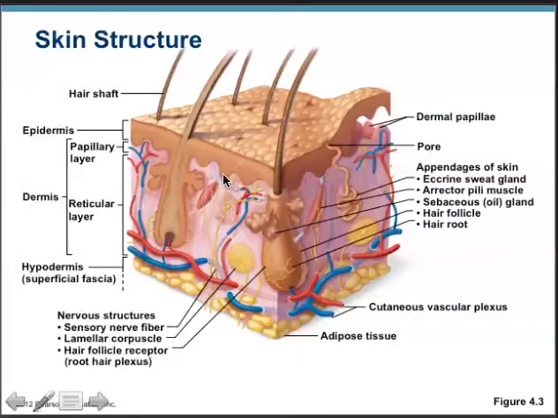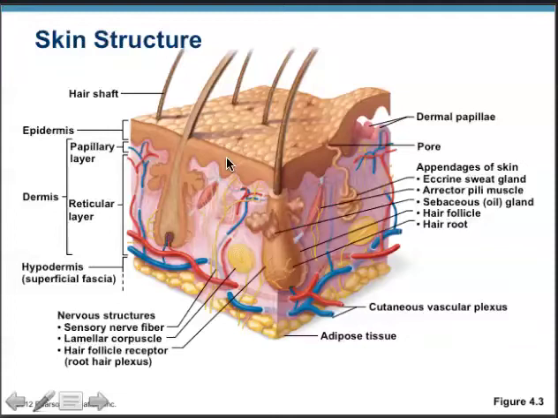And the purpose for this is to provide mechanical support and also provide a waterproofing function for the skin so that we don't simply soak up water when we get wet. The only way water should enter the body is if we drink it.